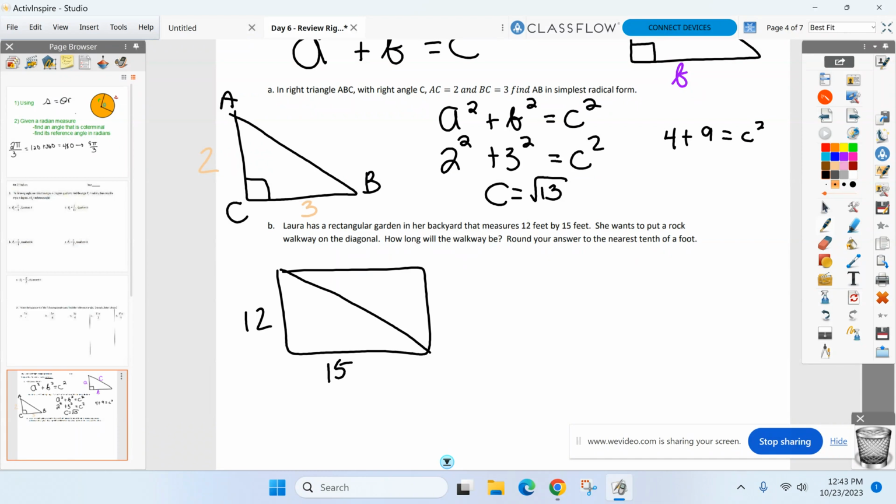There we go. So everyone see the Pythagorean theorem now. 12 squared plus 15 squared equals C squared. And again, I'm going to give you guys options. I don't care. I'm just showing you maybe a little easier way. You don't have to worry about computation. Can you do 12 squared plus 15 squared and then take the square root? You can. Can you go to the solver on NumWorks?